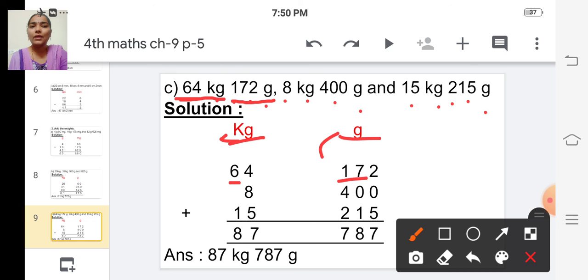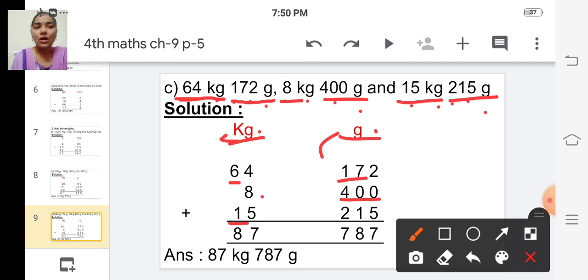Okay, the second weight is 8 kilogram. So write 8 below this kilogram and 400 gram. So write 400 below this gram. Okay, third one is 15 kilogram. So write 15 below kilogram and 215 gram. So write 215 below this gram.